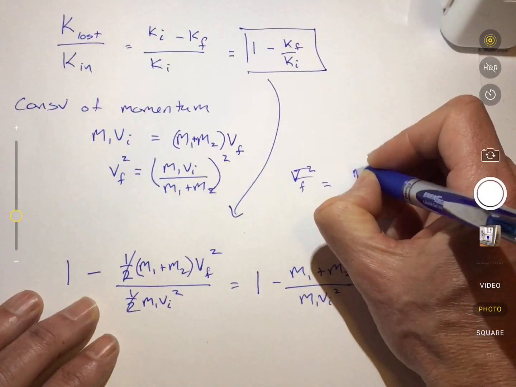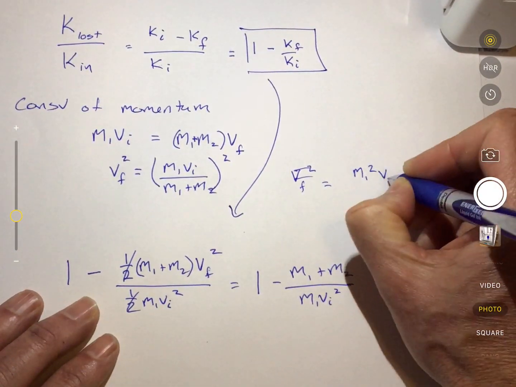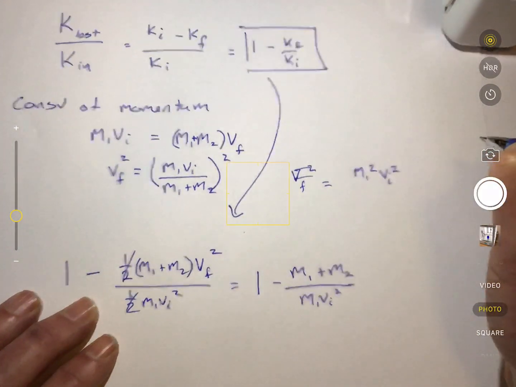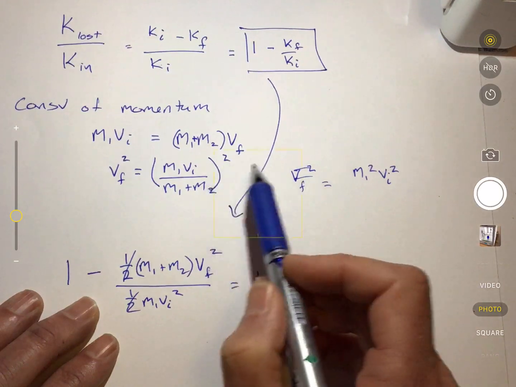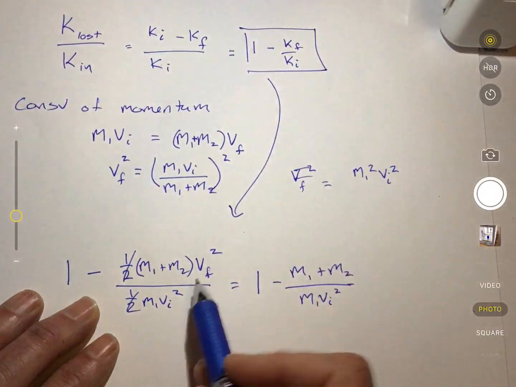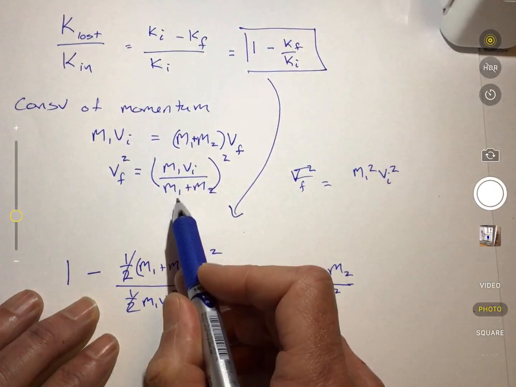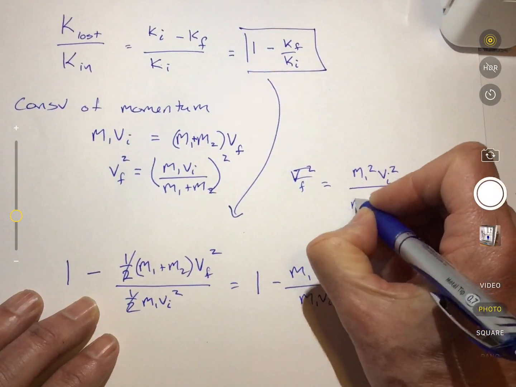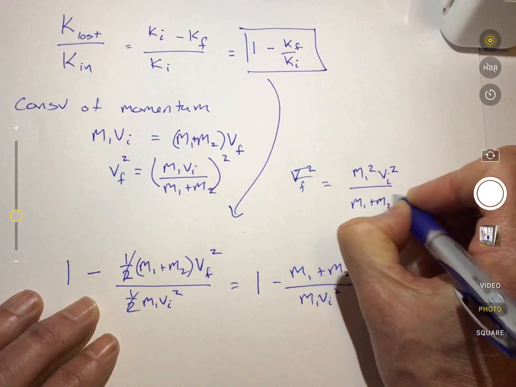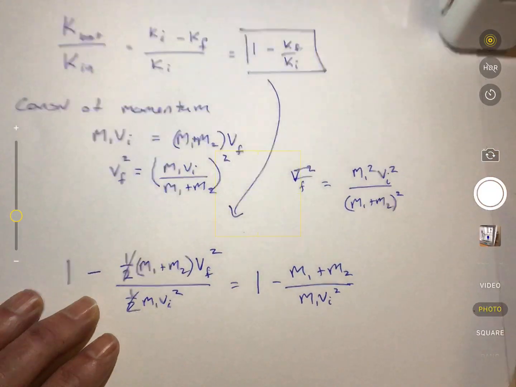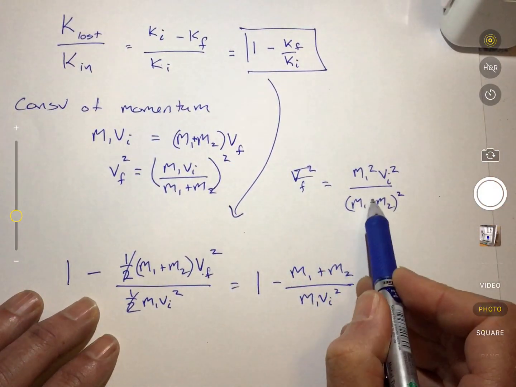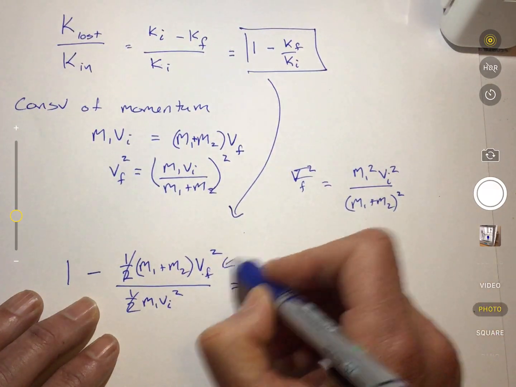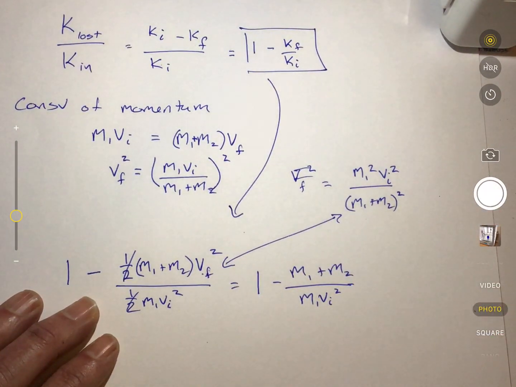I'm going to express that as m1 squared vi squared, right? And then this would be m1 plus m2 squared. So this is what I'm going to do. I'm going to put this expression in for this.